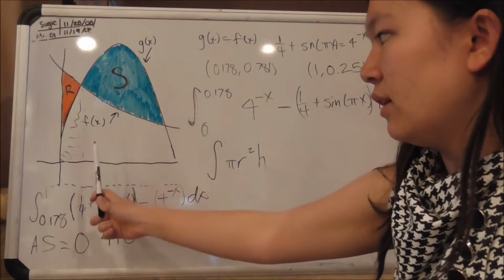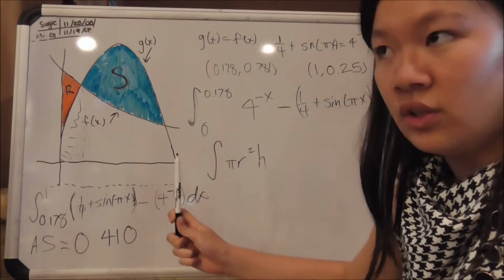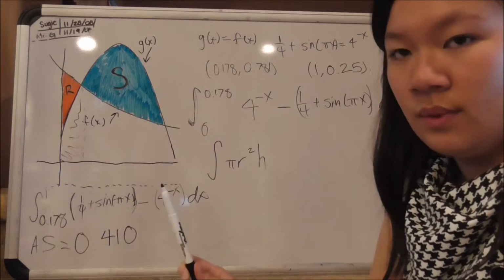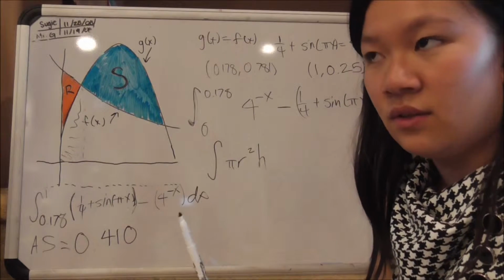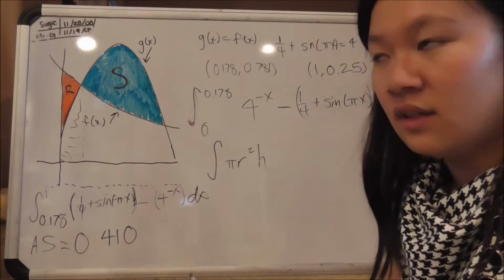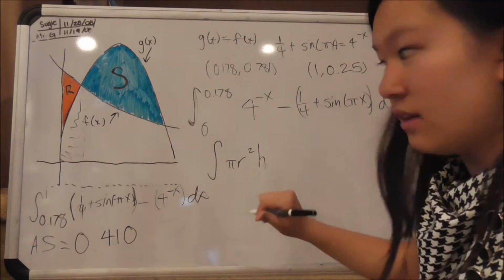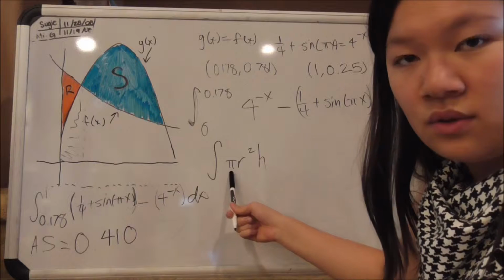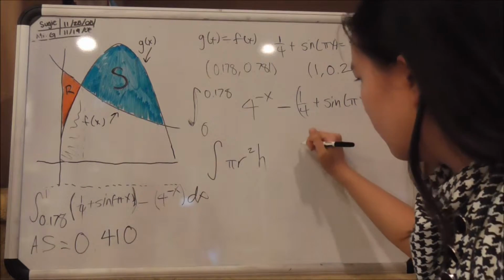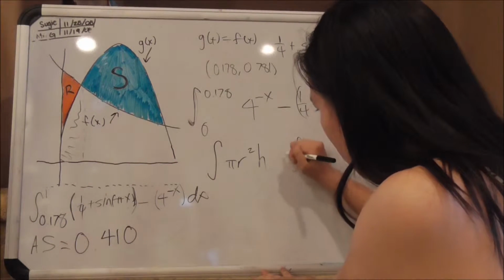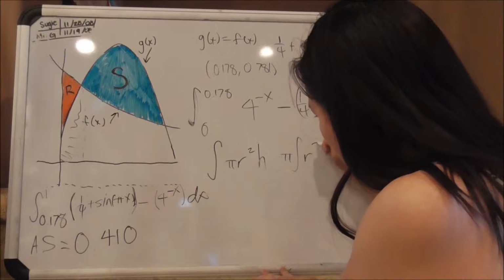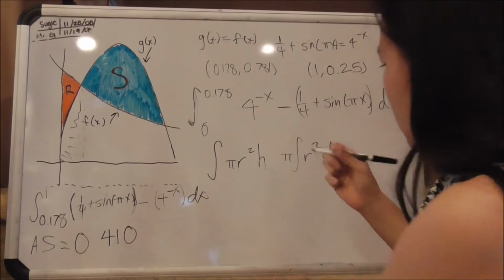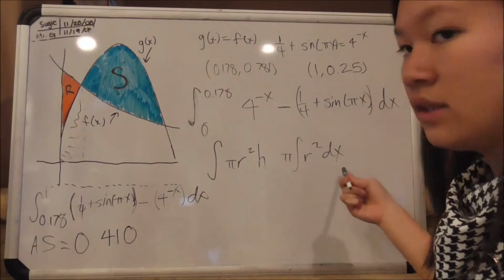Since you're traveling in a horizontal direction, h is going to be in reference to x. So infinitely small changes in x, which is represented by dx. Pi is a constant, so you can also pull that outside of the integral. So that turns out to pi r squared dx.